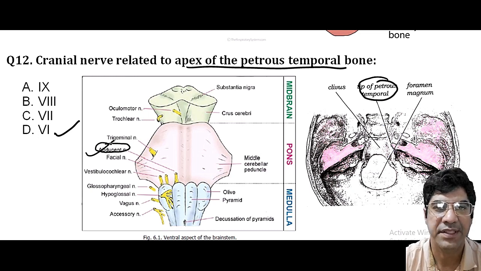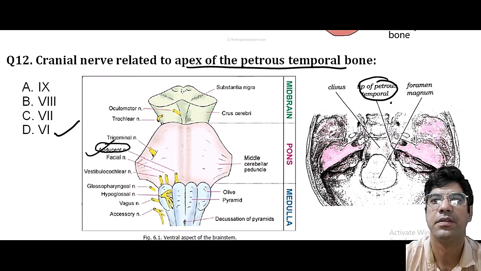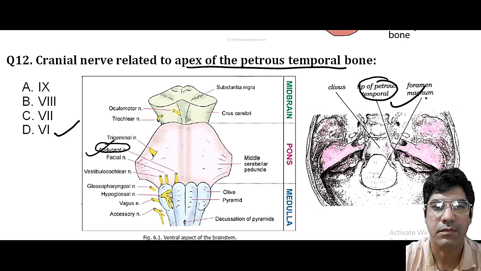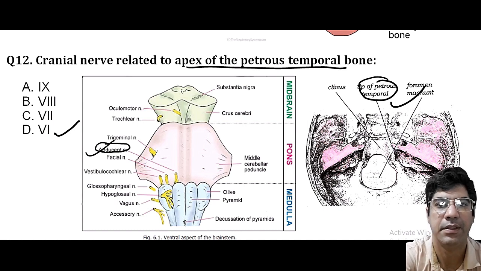It then passes through the apex of the petrous temporal bone before entering the cavernous sinus. A lesion or compression at this point can lead to problems with eye movement, like the inability of the eye to move outward, resulting in horizontal diplopia. So the answer is D.